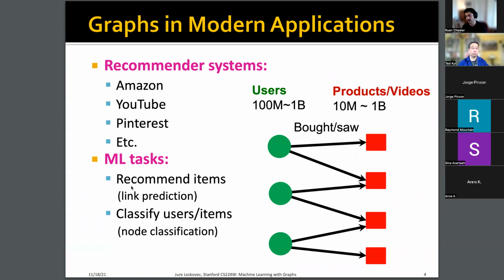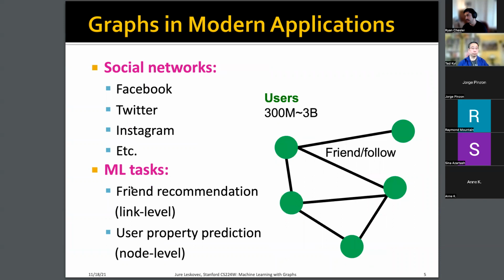There's all kinds of tasks that you can do here in terms of link prediction or node classification, and a bunch of other stuff as well. But the big problem is we have so many nodes, so many edges. It's easy when we have a small little toy task where we just have a few people and a few products, but it becomes very difficult when there's so many different nodes and edges that we need to kind of repose things.